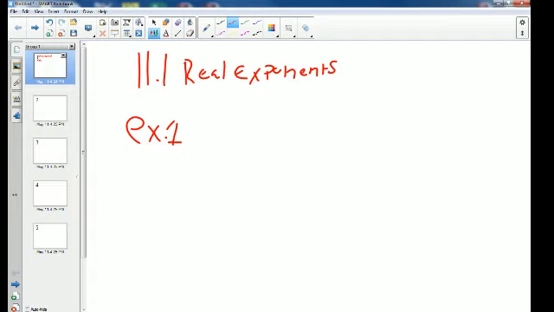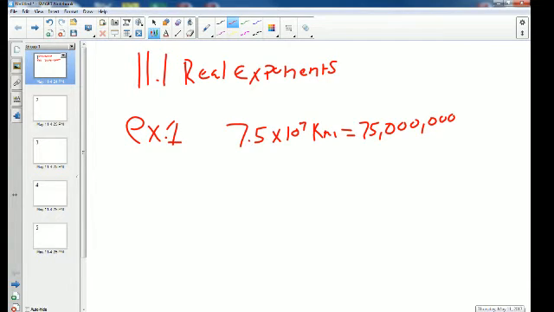So Mars and Earth are approximately 7.5 times 10 to the 7th kilometers apart, which equals 75 million kilometers apart. So that was part A. We wrote 7.5 times 10 to the 7th into our standard form.